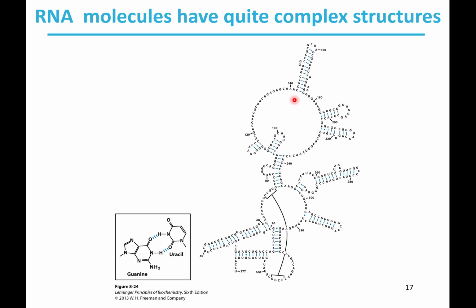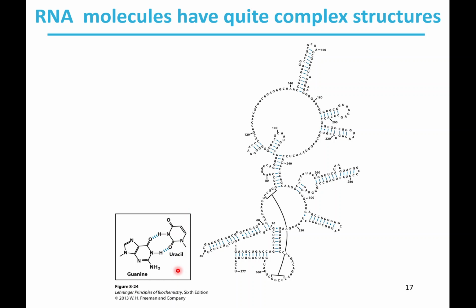Not going to need to know, and there's really no way for you to be able to predict a structure like this on an exam. So really just kind of highlighting this as something that RNA does. Okay, it'll probably be a little bit more important when you go through the whole translation process.